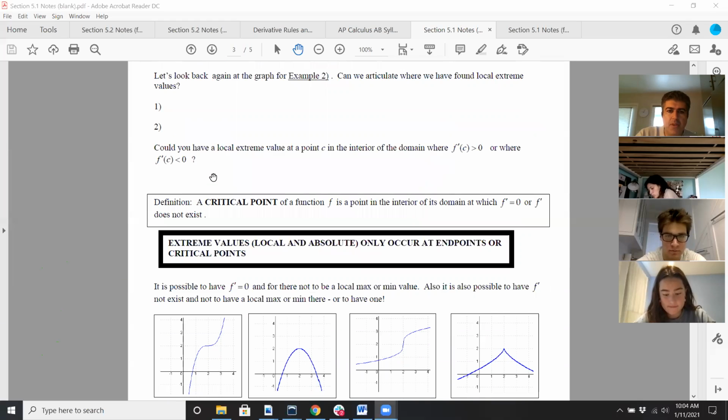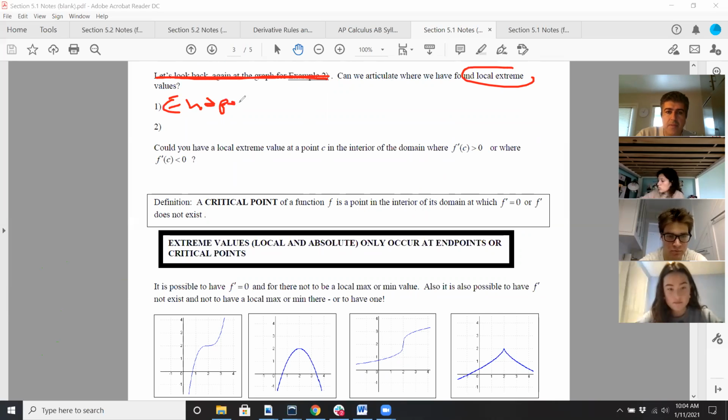Page 3. So looking back, and I know we didn't do example 2, but where can we find local extreme values? At endpoints, and something that I'm going to call critical points.